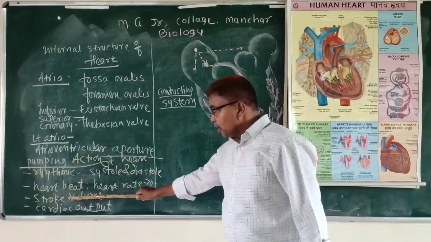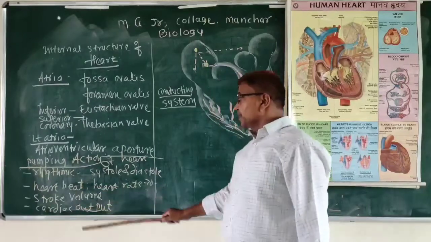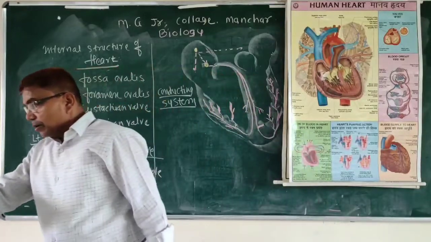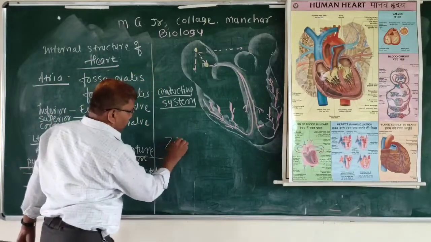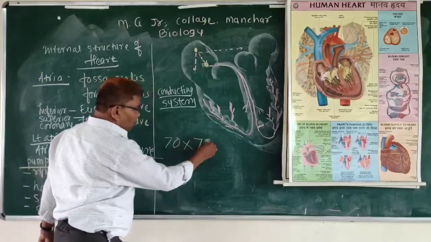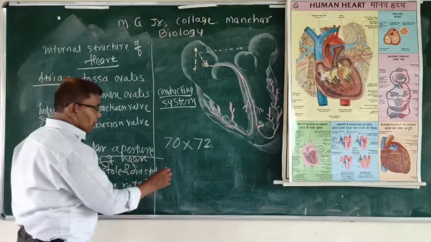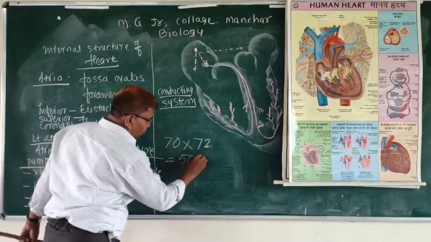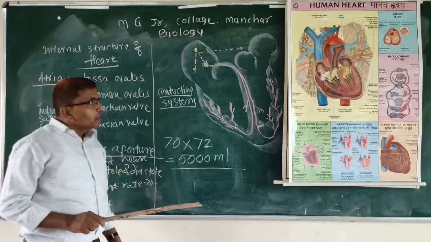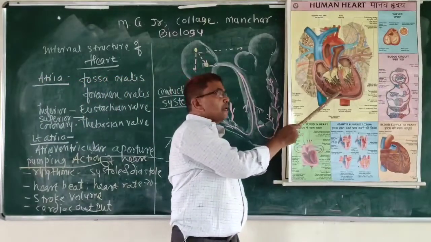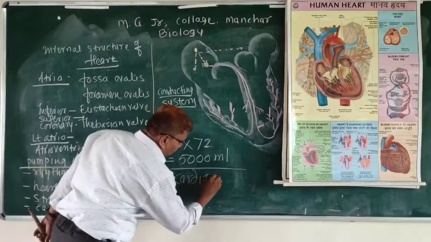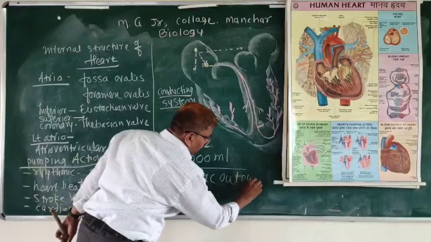That 70 ml of blood is the stroke volume per heartbeat. 70 ml, the stroke volume, into 72 heartbeats per minute gives about 5,000 ml of blood given out per minute by the heart, which is called cardiac output. Is it clear?